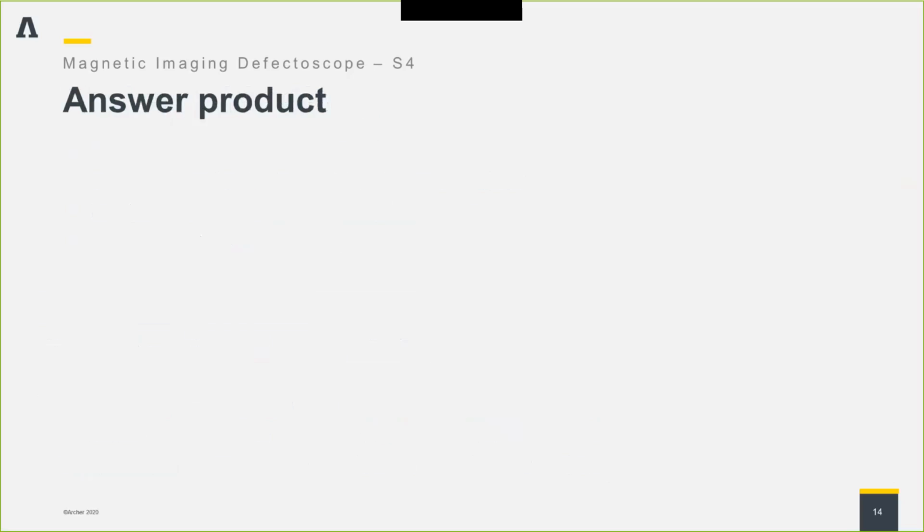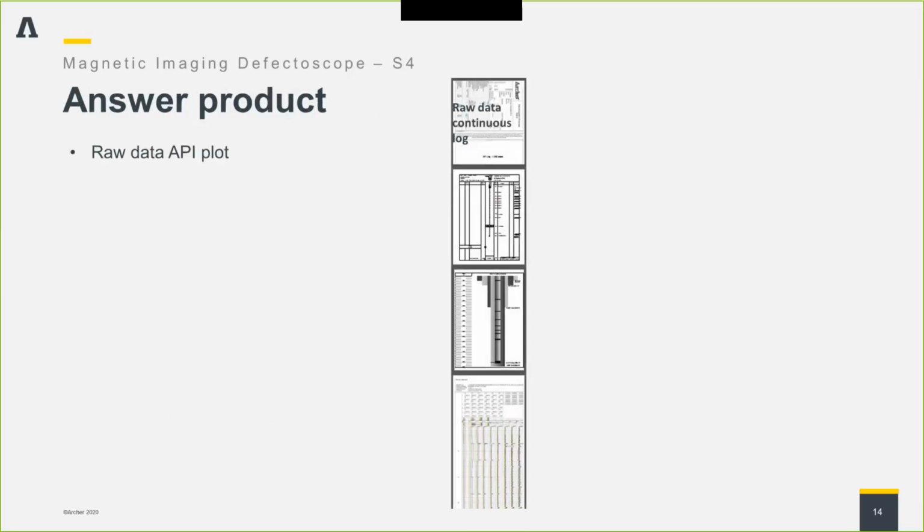So once we've acquired this data, we need to know what to do with it. So the answer product is very important. The first answer product we offer is the raw data API plot. After we've logged, we generate the API standard plot of the raw data with all of the raw data sensor information on it.